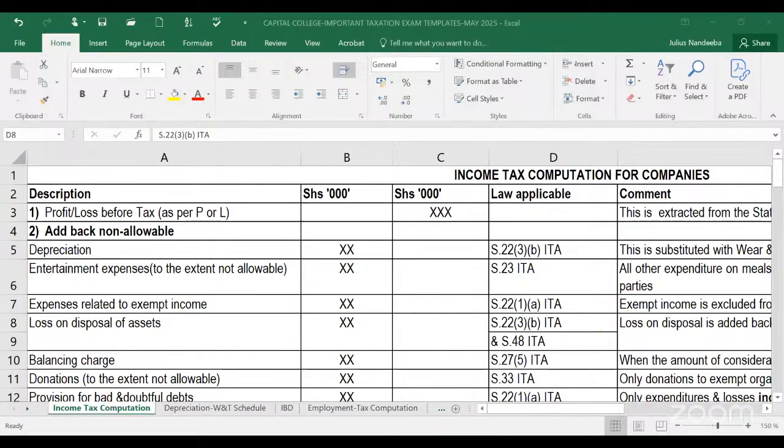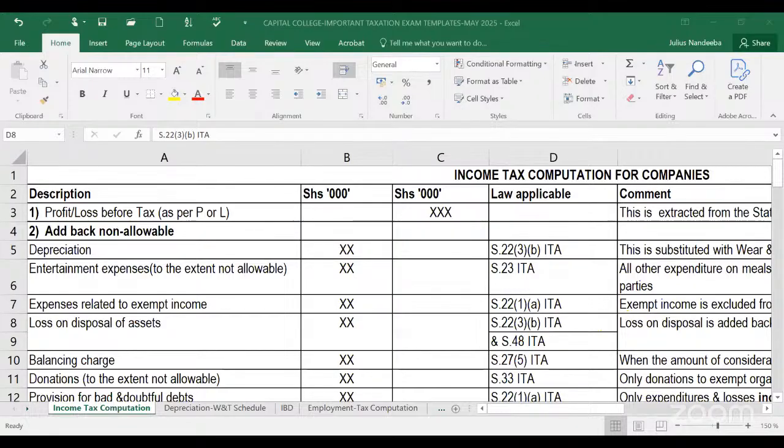Now, whenever you have an exam, you also have a list of assets, because we said we are looking at three things: incomes, expenses, and the assets. What am I looking for in incomes? I am only looking for incomes that should not be taxed, and that is what I take to the tax computation.